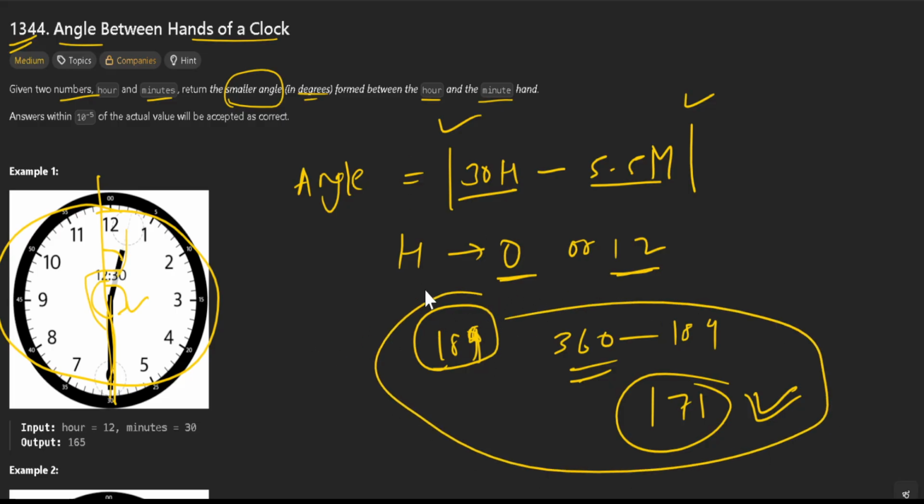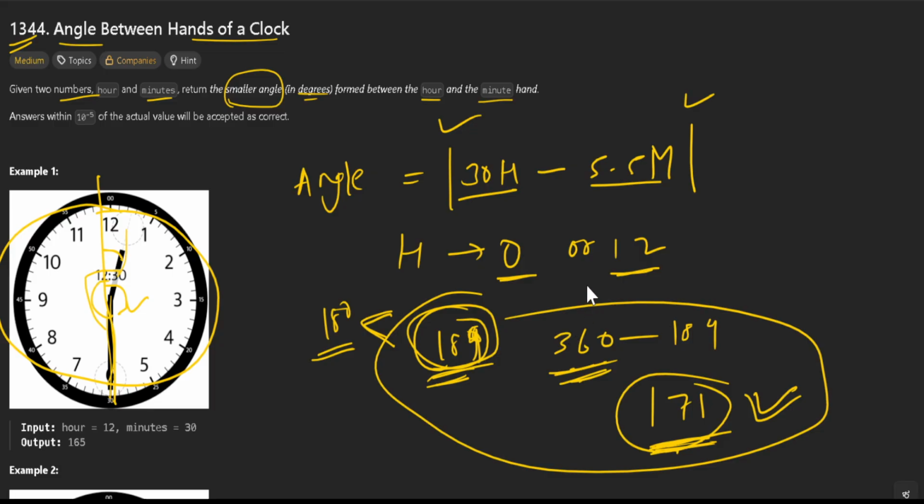Basically, if the calculated angle is greater than 180, in that case we will do the subtraction, and the subtracted value you will return. So this is what we want to do, guys.